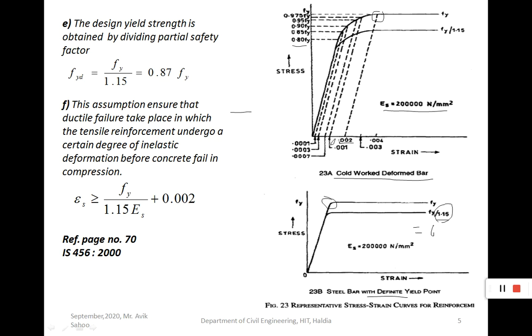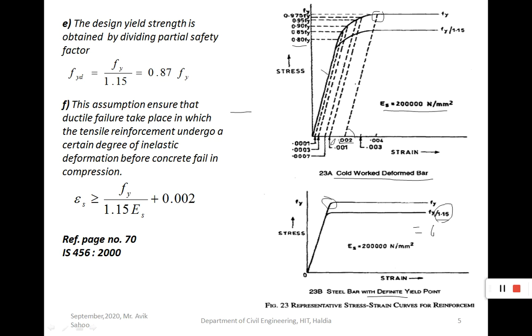It's a permanent strain. Now at this point, if I find out the strain, the slope line is drawn parallel to the line up to 0.8 Fy.